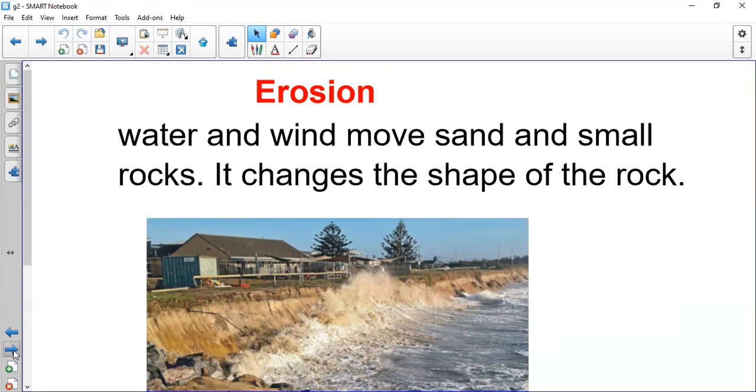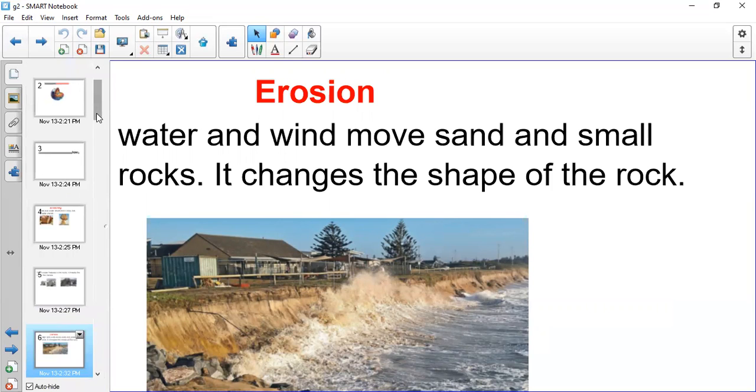Weathering, break. Erosion, move. So when I ask you about weathering, you should tell me wind and water break rocks into pieces. If I'm asking you about erosion, you should tell me wind and water move rocks to another place.